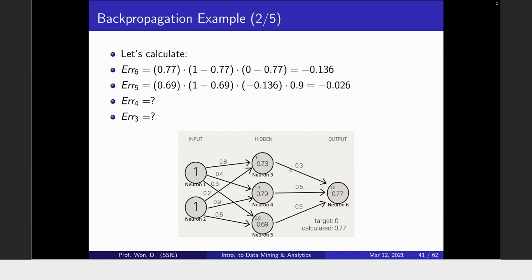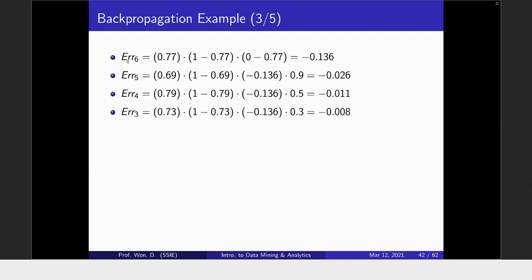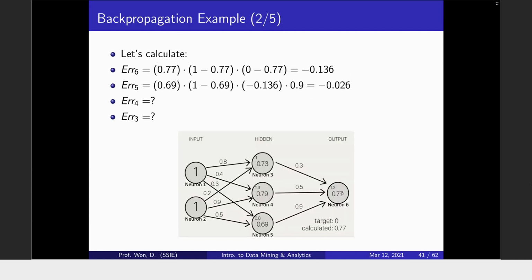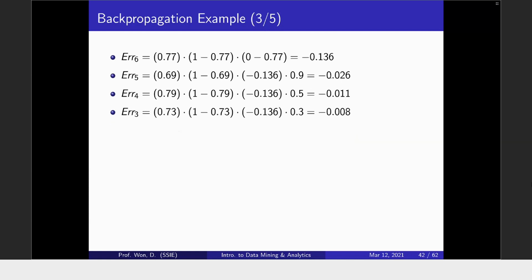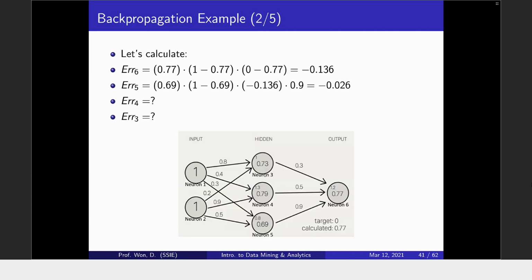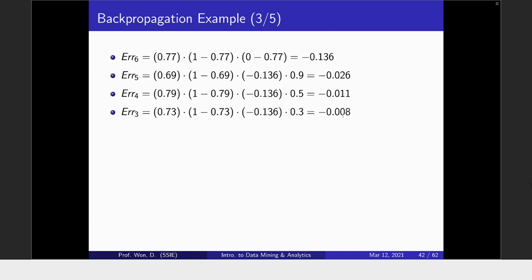Think about it, sorry about that, error neuron 3, let's say error 3 is minus 0.008. This amount of error is coming from node 3. So if we change this number, then we can reduce the contribution of the error coming from node 3.